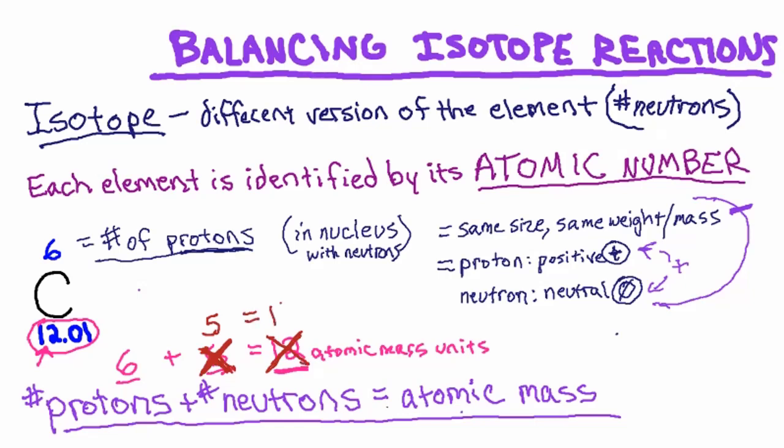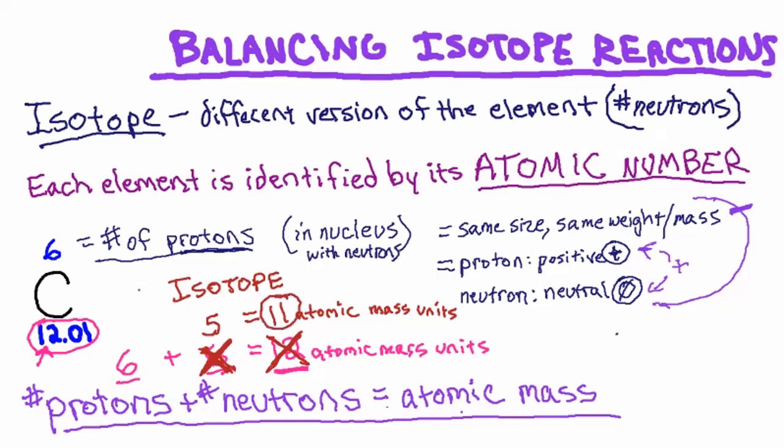This would be 11 atomic mass units. And what do we call it when there is a change in the number of neutrons in an element? We call that an isotope. So the weight for the isotope of carbon with 5 neutrons is 11 atomic mass units.